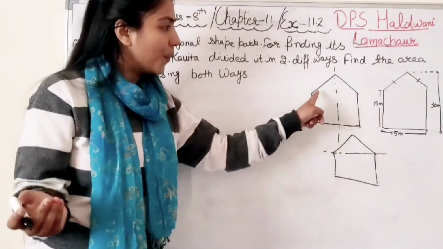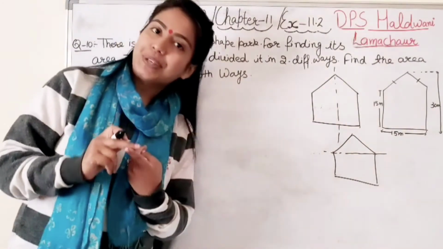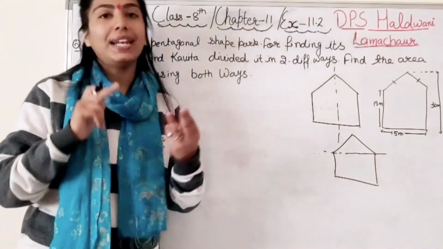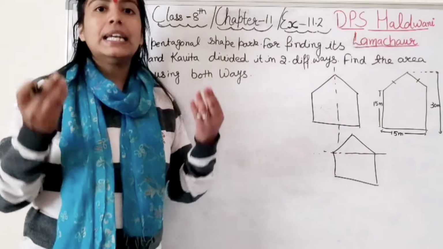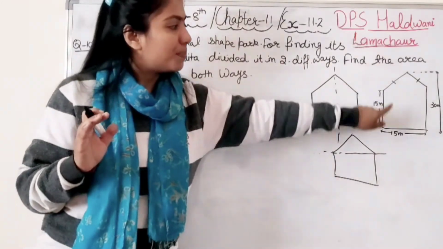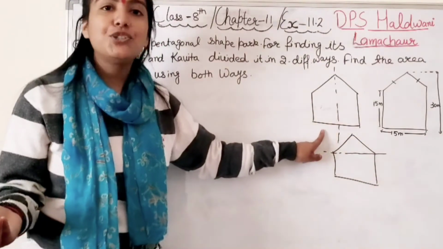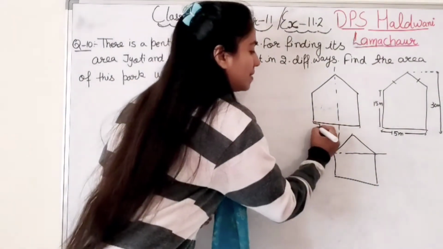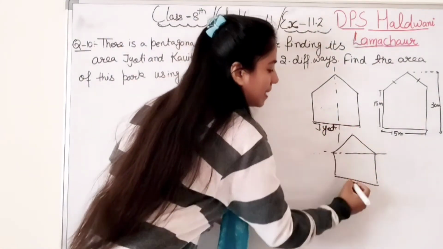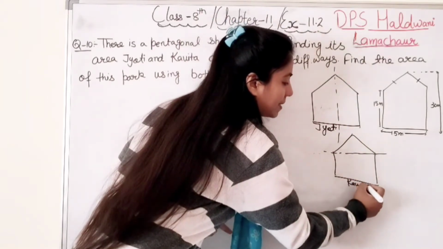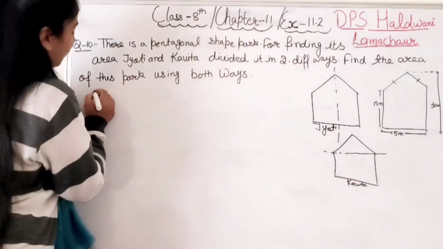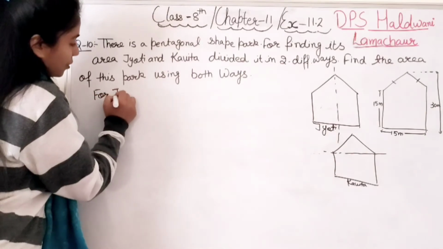Right, students? All the formulas you know: area of trapezium, area of triangle, and area of square. And every value is mentioned to you. So let's start. First of all, this is Jyoti's diagram, and this is Kavita's diagram. Let's start with Jyoti.